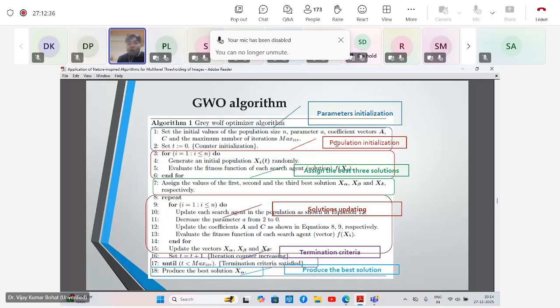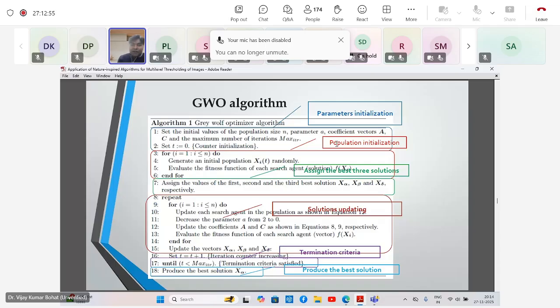Ultimately, when all iterations are over, we return the best solution found so far, x alpha from the last iteration, as the solution of the problem.